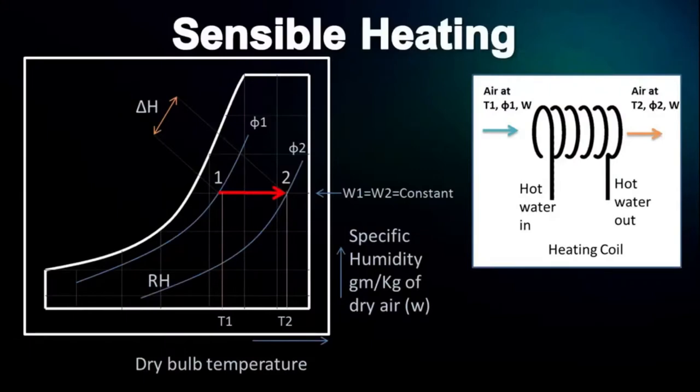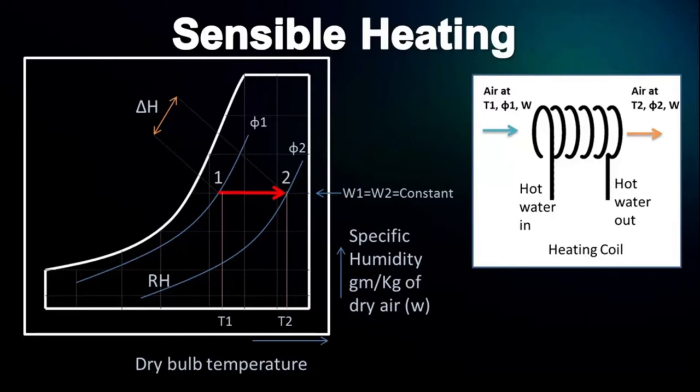Sensible heating. Sensible means we can sense the change in temperature. So, only an increase in temperature is termed sensible heating. There is no change in specific humidity of air. The process can be plotted on the psychrometric chart as shown. From 1 to 2, the dry bulb temperature changes from T1 to T2, and specific humidity, that is the horizontal line, is constant.